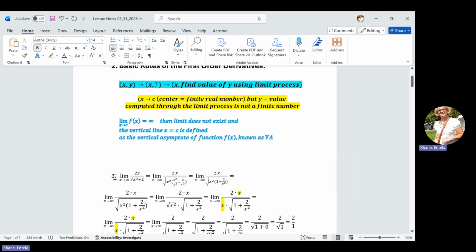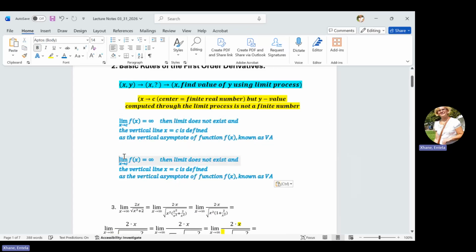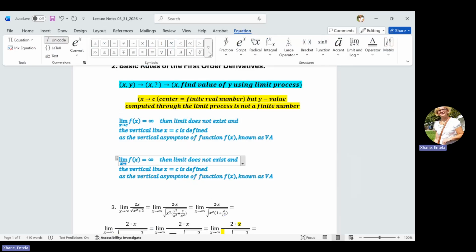The second scenario is going to be a scenario where you're still finding the y, but take a look at how things are going to look like. So now what I'm going to do is I will copy and paste this to save some time and then apply the changes. So x is no longer going to a finite number, but x is going to infinity.